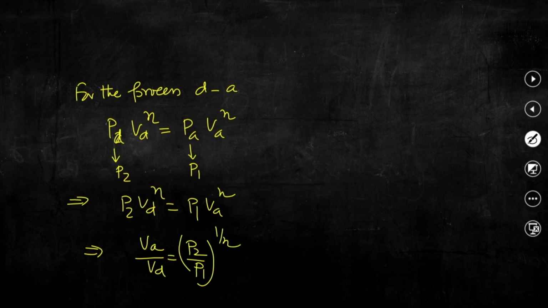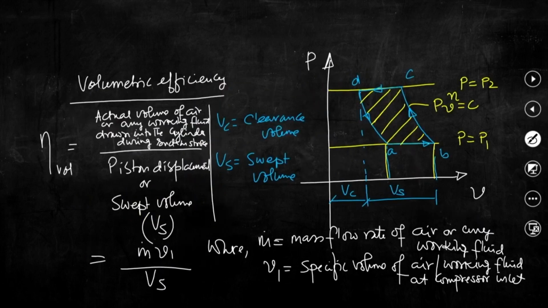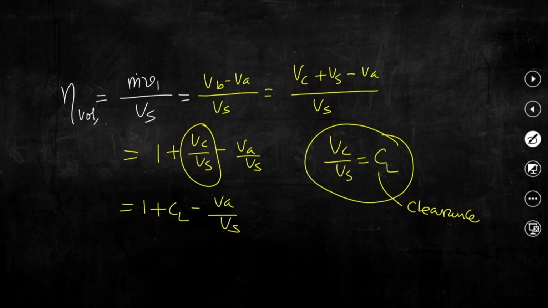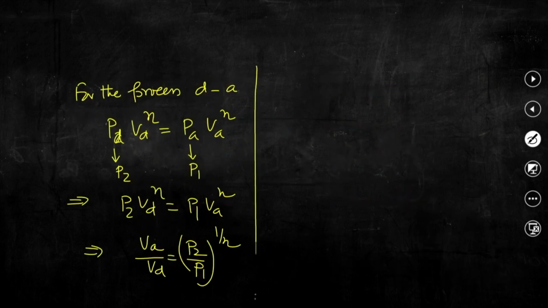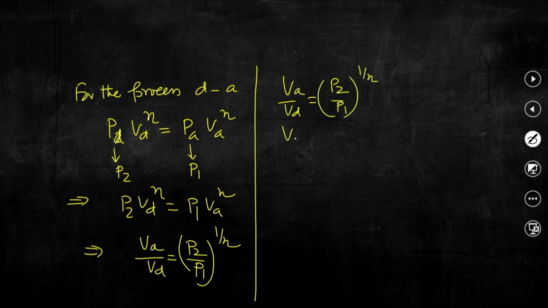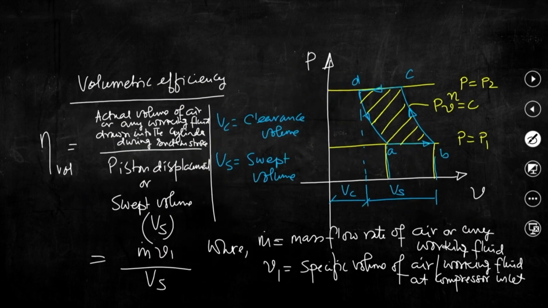Now, what is Va by Vd? You can see Vd equal to Vc, that is the clearance volume. So, that means we can write one step further, that Va by Vd equal to P2 by P1 power 1 upon n, because if we go back to the previous slide, we can see Vd equal to Vc.